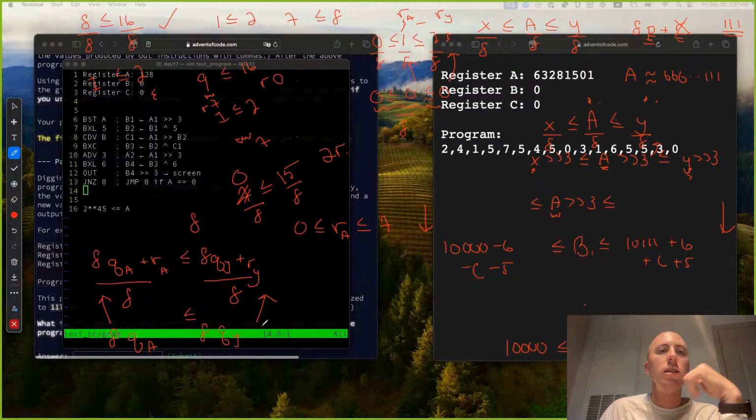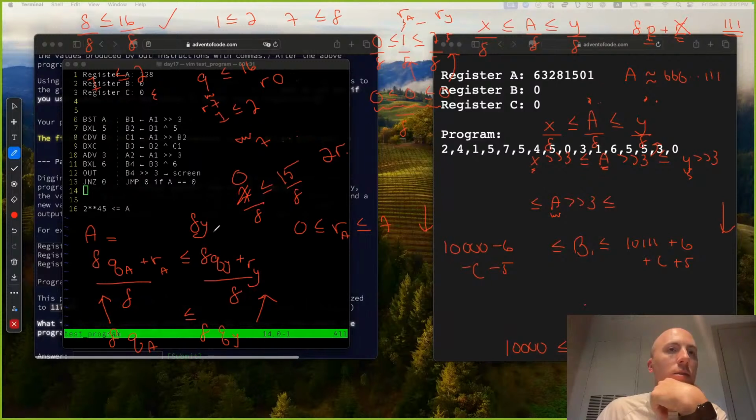That's the shifting to the left by 3. And this whole thing was equal to A, and this whole thing was equal to Y. We want to know what A is. We want to know what A is between.